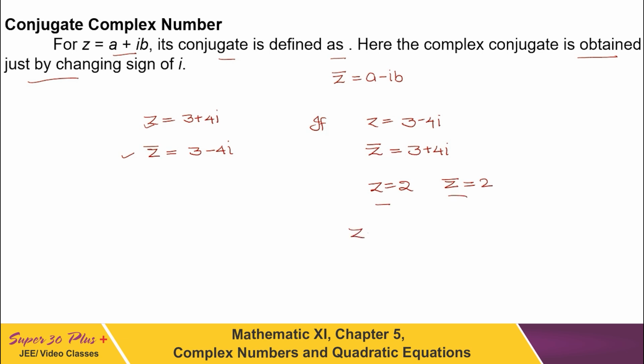If z is equal to 3 iota, then you can write z bar is equal to minus 3 iota. If z is equal to minus 4 iota, then z bar can be written as 4 iota. This is the basics of conjugate of a complex number.